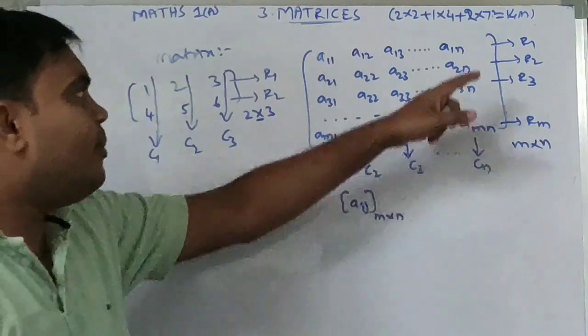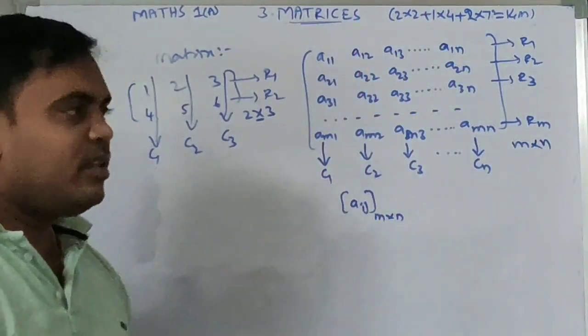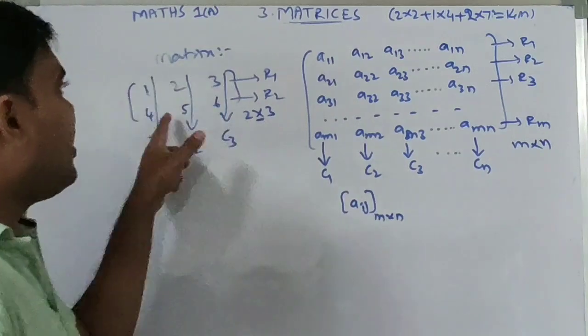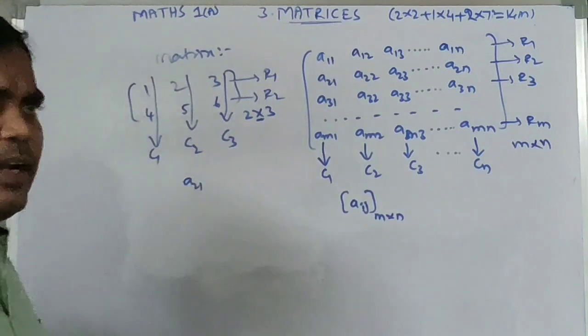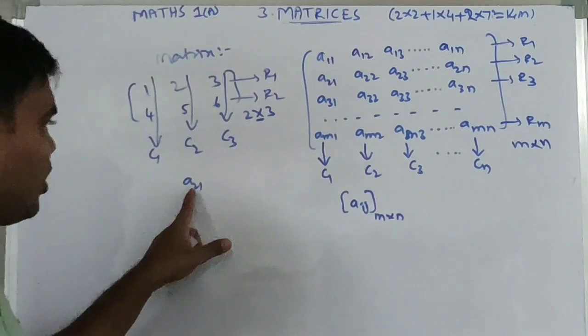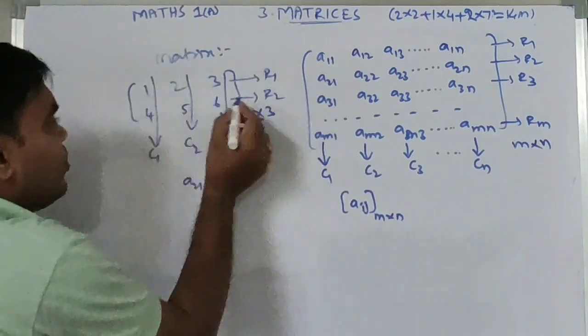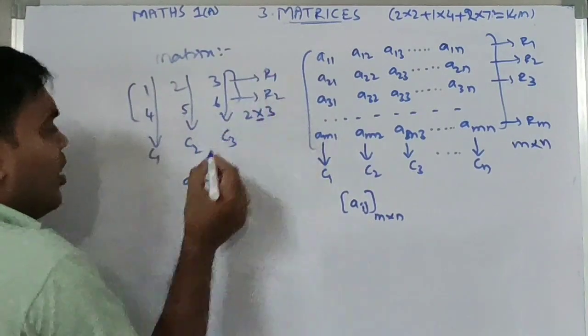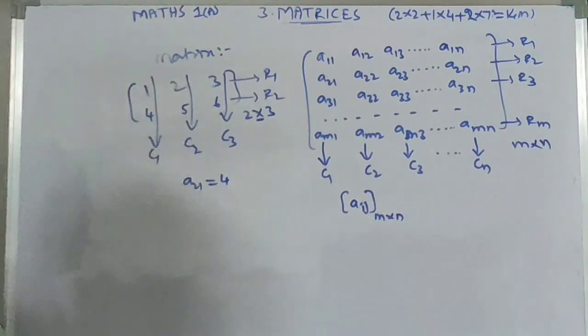So there are mn elements in total, and all these mn elements are represented with this one. For example, A21 means second row, first column. In the second row, the first element is 4. So A21 equals 4.